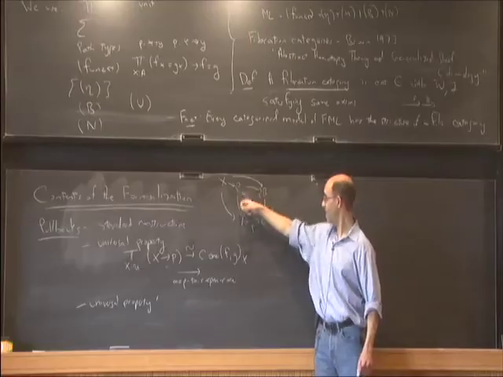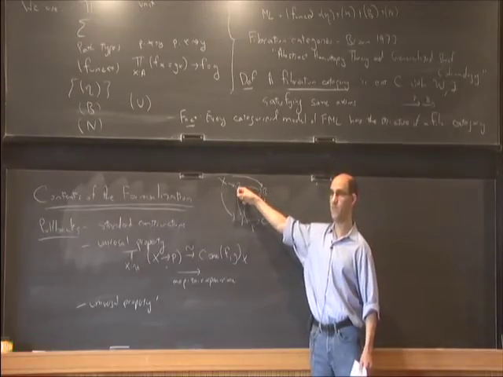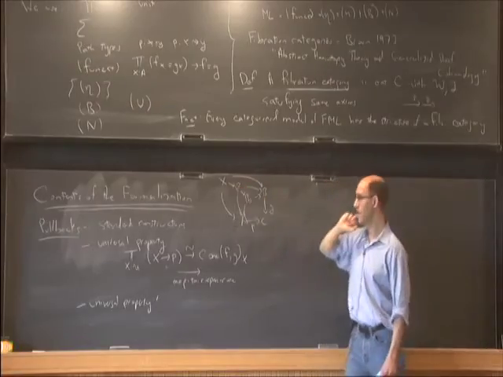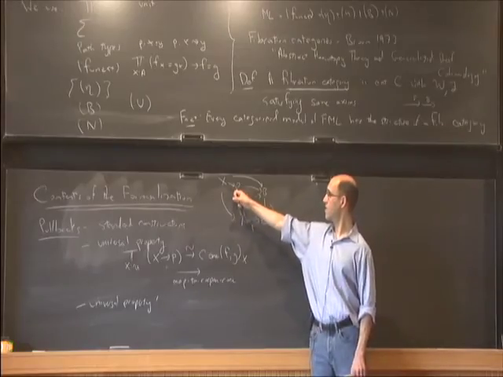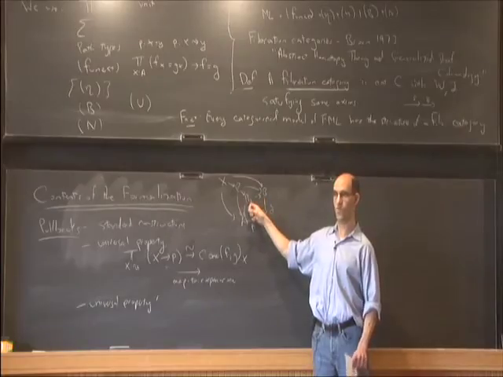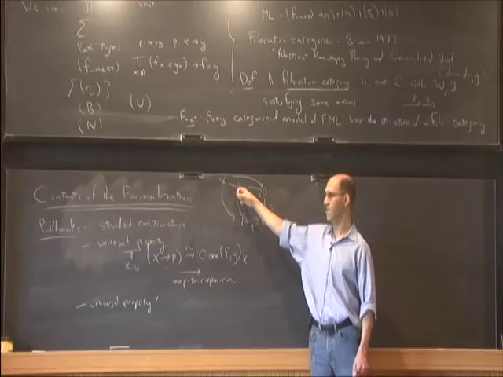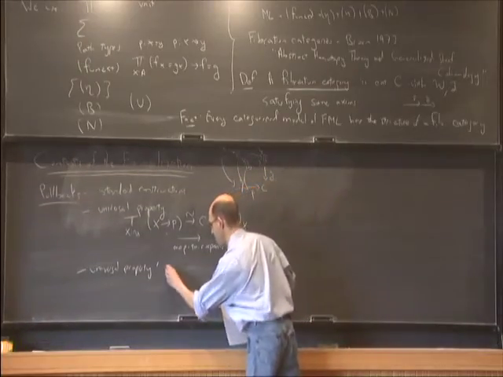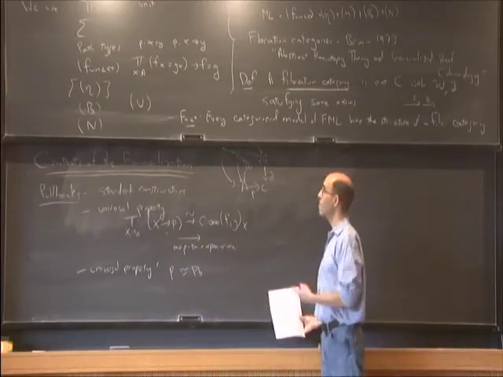So given a cone on P, now let me give the universal property of that cone. So the universal property is this. Take the canonical map from P to the standard pullback. If that's a weak equivalence, or if that's an equivalence, then the universal property says that P is equivalent to the standard pullback via that map.